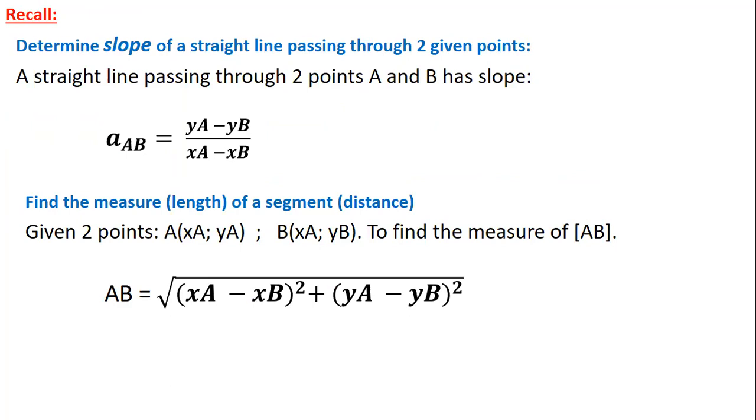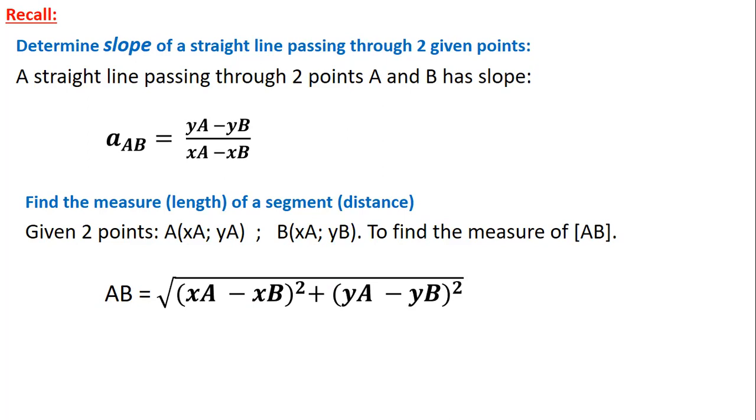Now let's recall together 2 important rules that we learned in the previous lecture. In the previous lecture, we have learned how to determine the slope of a straight line passing through 2 given points.